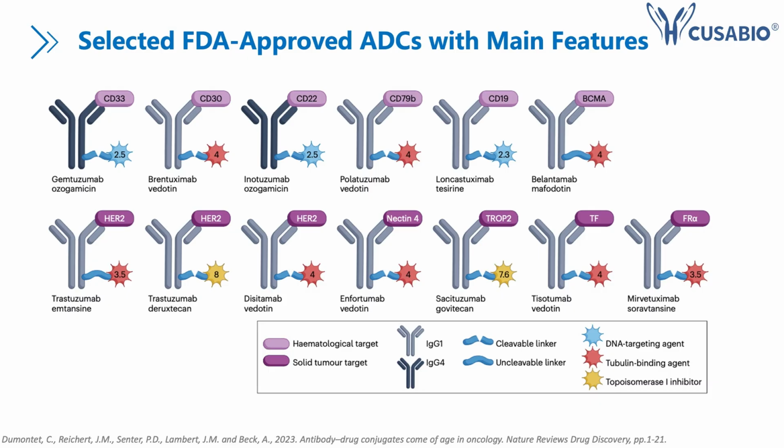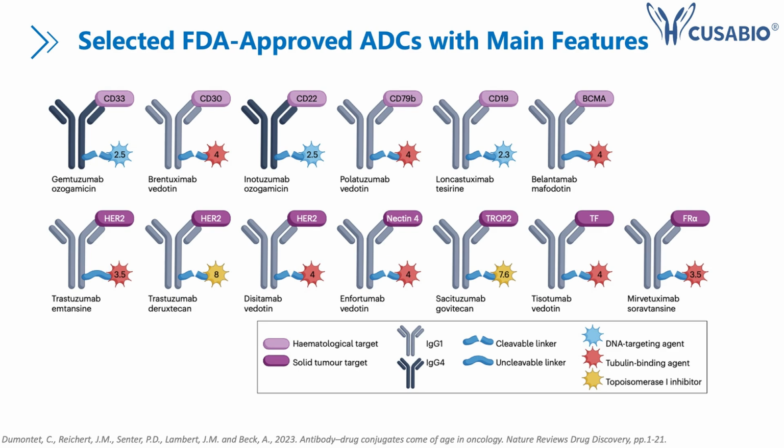And for the solid tumor, it looks like the antigens and targets are pretty diverse. HER2 seems to be a popular and matching target. And some of the targets are pretty novel, like Nectin-4 and TR-alpha.